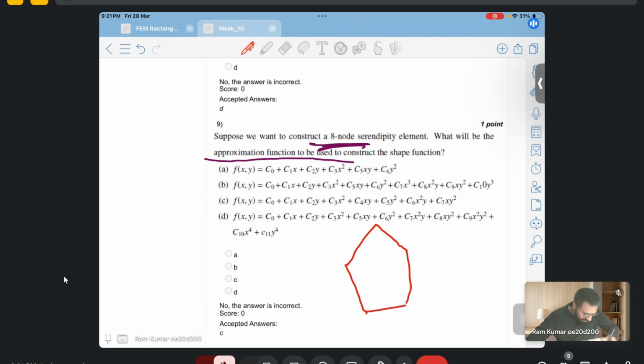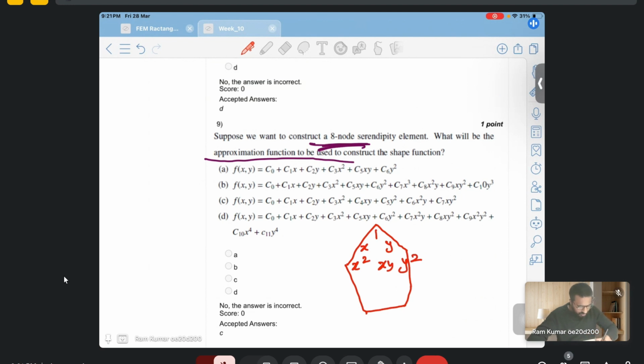But let me write the Pascal triangle for this. So this will be 1. This will be 1. This will be x, y. Then x square, xy, y square.